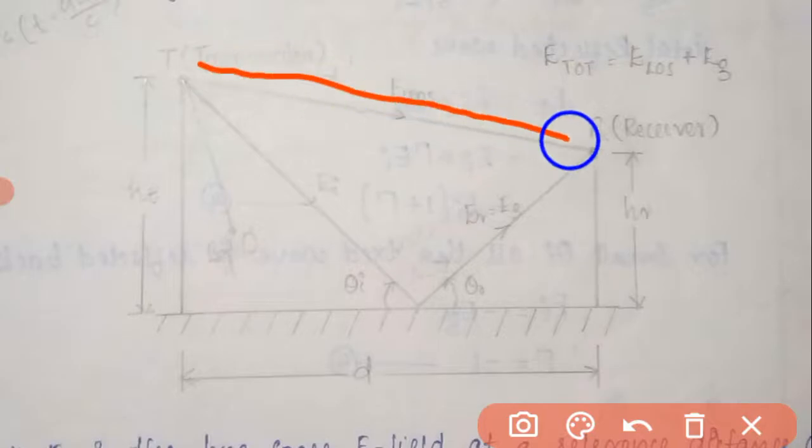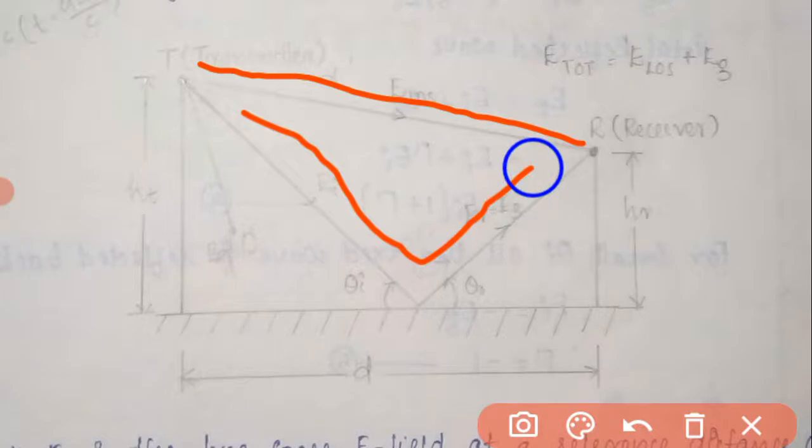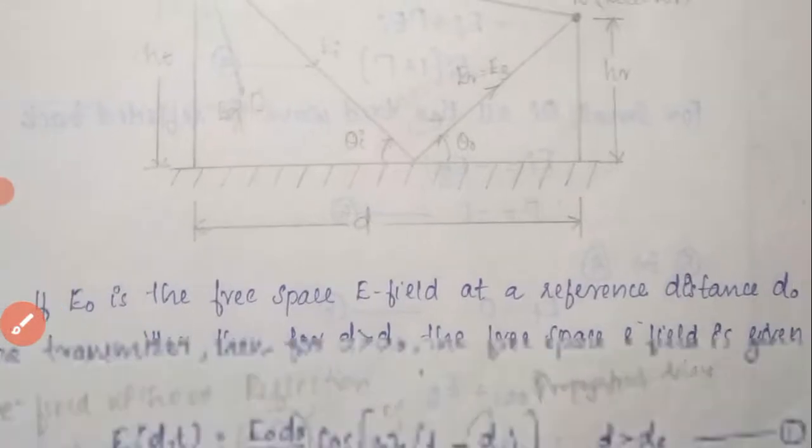The total electric field is the electric field produced by the line of sight path plus the electric field produced by the ground reflected path.